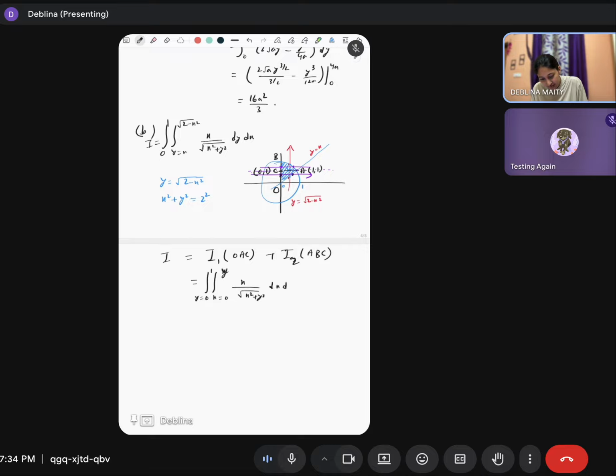Now dx dy. And the second one is, so here x runs from 0 to this curve. This curve is root over 2 minus y square, right? And y goes from 1 to root 2, this point.